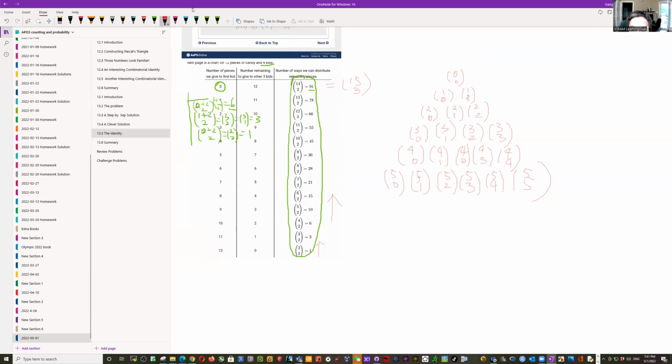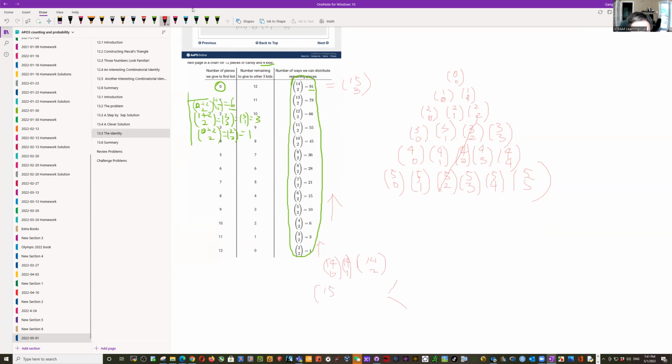So it's 2 choose 2 plus 3 choose 2 plus 4 choose 2, all the way to the last layer, which is 14 choose 0, 14 choose 1, and 14 choose 2.